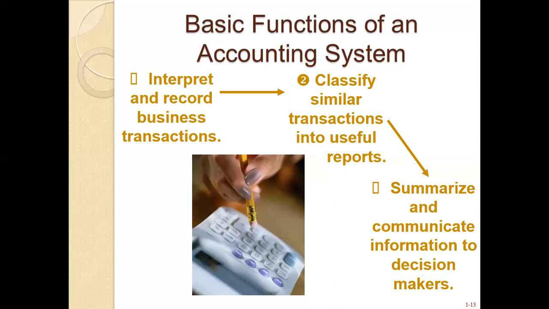Then all these transactions will be classified in the sale ledger account, and this sale ledger account will be totaled, and you can get the result of the total sale of today.